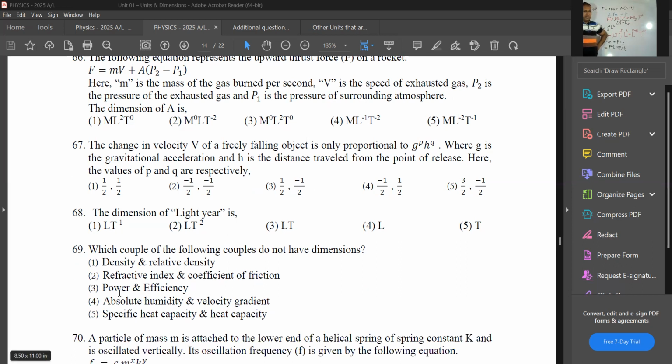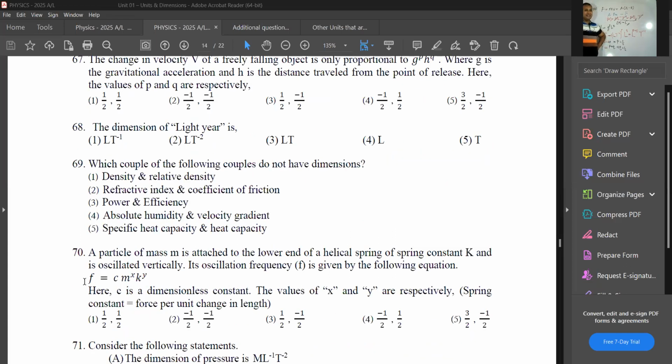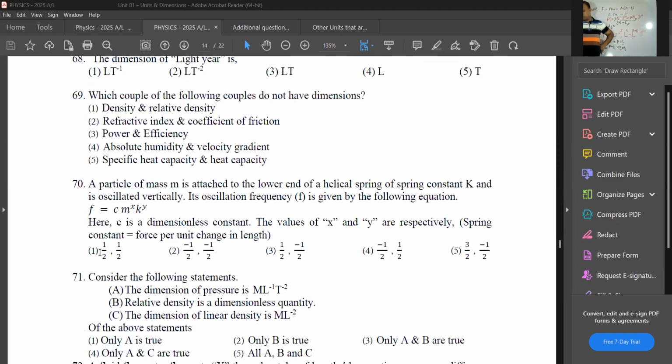Power has a dimension, but efficiency doesn't. Absolute humidity, it has a dimension. Velocity gradient, it has a dimension. Specific heat capacity has a dimension. Heat capacity, it has a dimension. So the correct answer is answer number 2, refractive index and coefficient of friction. Both do not have dimensions.